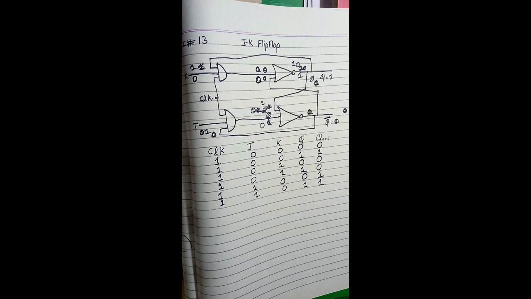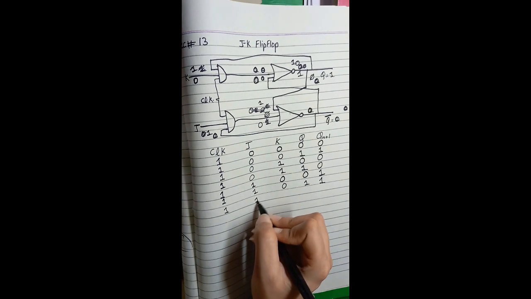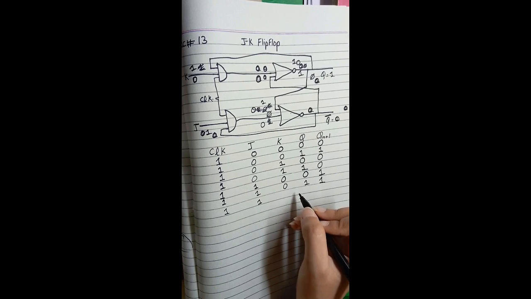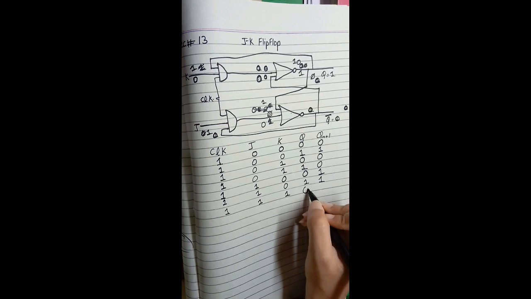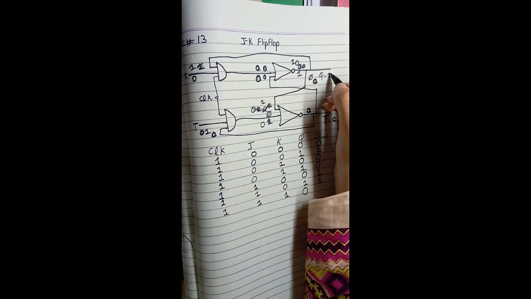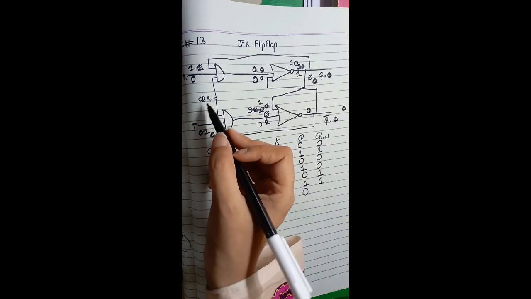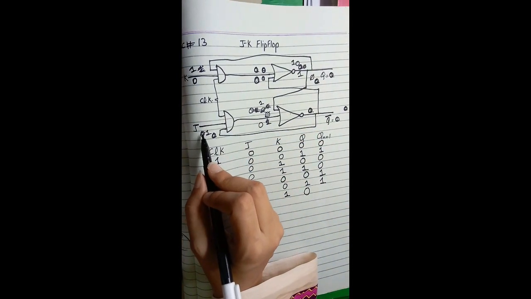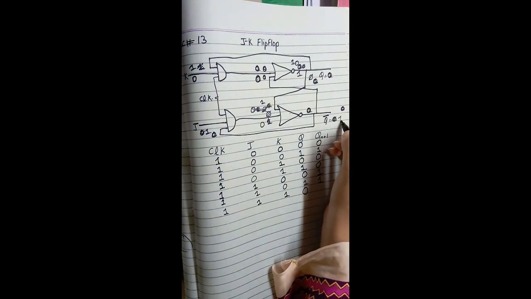The next one is that we will take clock 1, J1, and we will take k also equal to 1, and now we will imagine the values of q. If the value of q is 0, we have clock 1, J1, so we should know the other value. If this is 0, it should be 1.